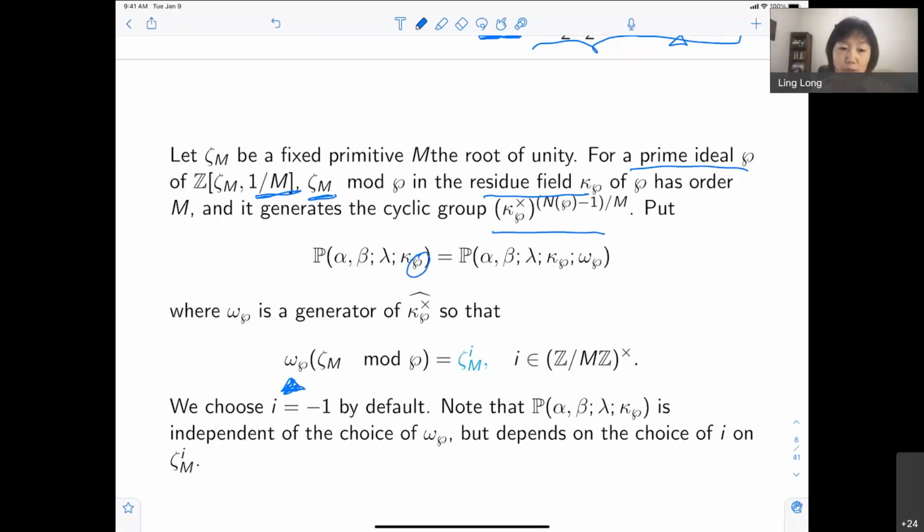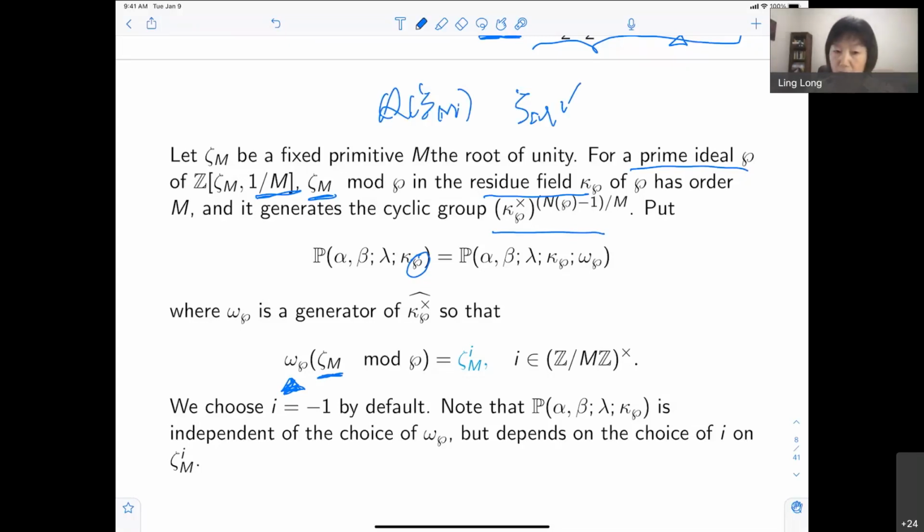But basically, we don't need the specifics of the generator. We only need to know where we send the primitive m-th root. So in this setting over here, globally, we're going to start with Q(zeta_m). We're going to fix 1 to start with.